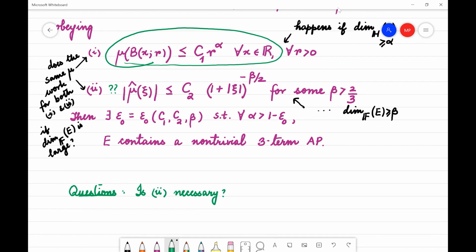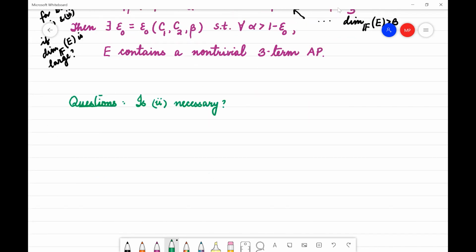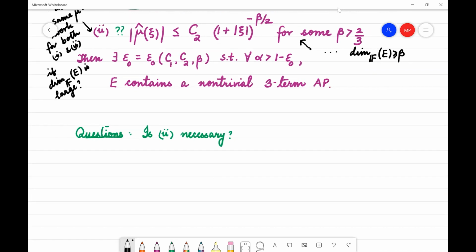And for the 3-term AP question, we were fairly convinced that we had an example, and I can tell you about this example tomorrow when we start talking about avoidance problems. It is actually necessary if you are looking for the existence of 3-term APs.